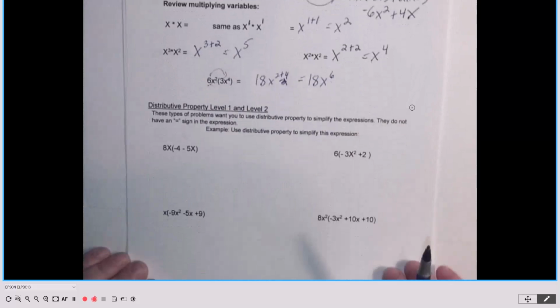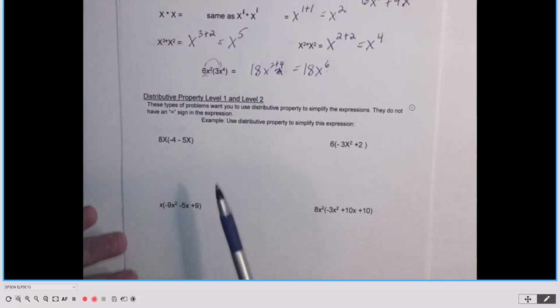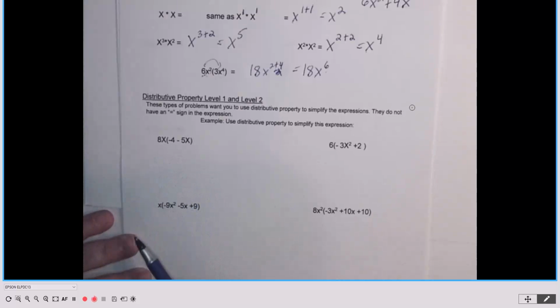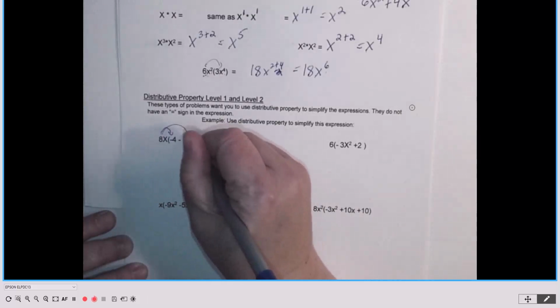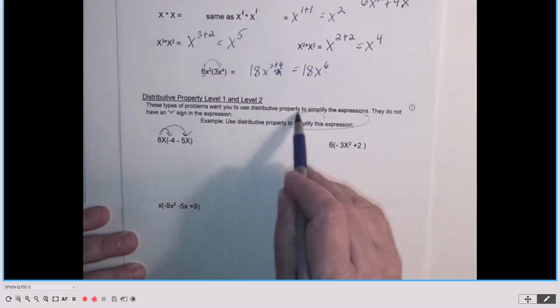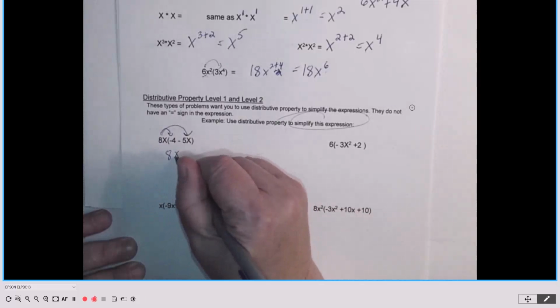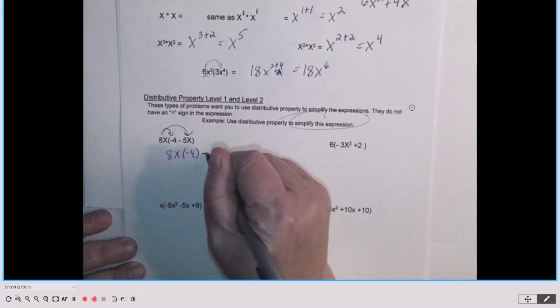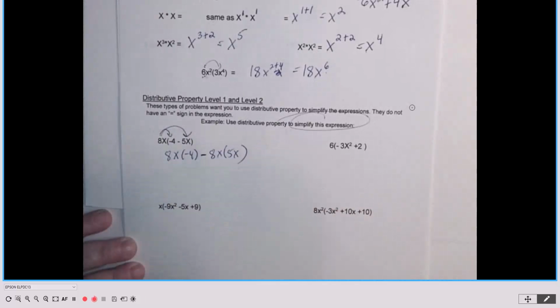Let's take a look at these sample problems down here where we're distributing. Some of these problems will ask you to simplify, and all they're asking you to do in Delta is use the distributive property to simplify that expression. It's not asking you to solve it, they're just asking you to simplify. So I'm going to take 8x times a negative 4 minus 8x again times 5x.